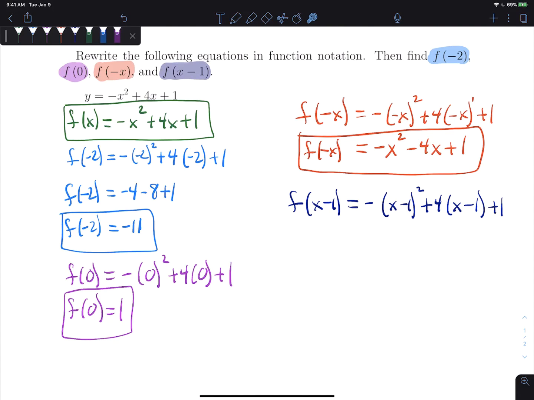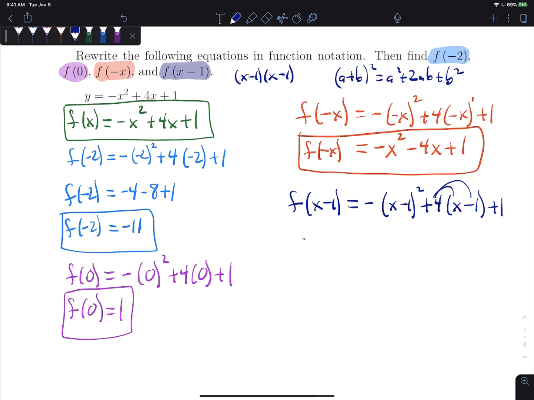Awesome. Notice that we do need to distribute that 4 there, but before you do anything else, also make sure you square the binomial correctly. You can think of that as x minus 1 times x minus 1 if you prefer, but I prefer to use the fact that a plus b squared is a squared plus 2ab plus b squared.